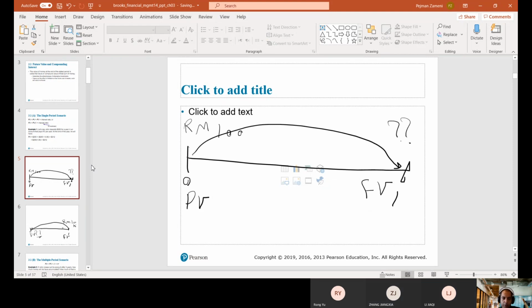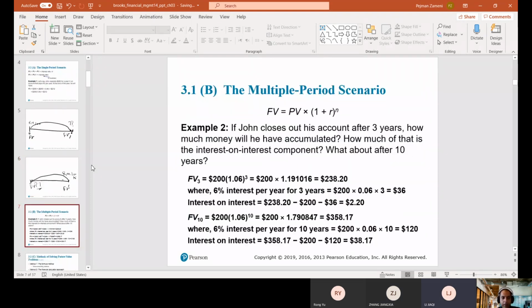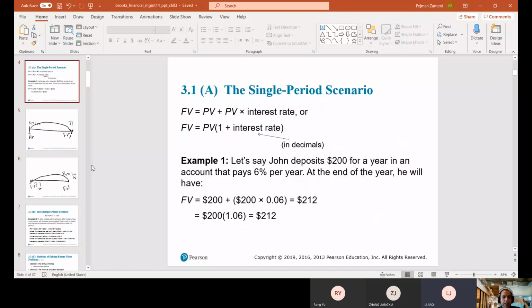If I want to take a present value and invest it and have some value in the future, this action is called compounding. There is a relationship between the future value and the present value, and this relationship is shown by this formula.